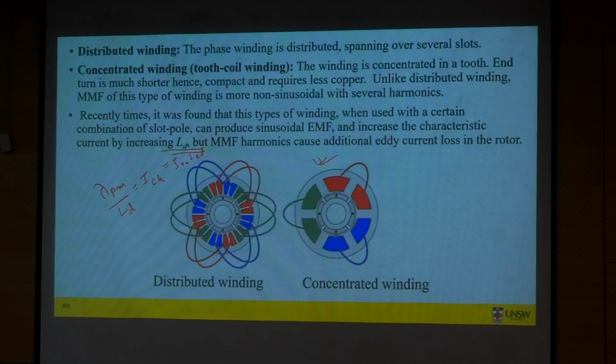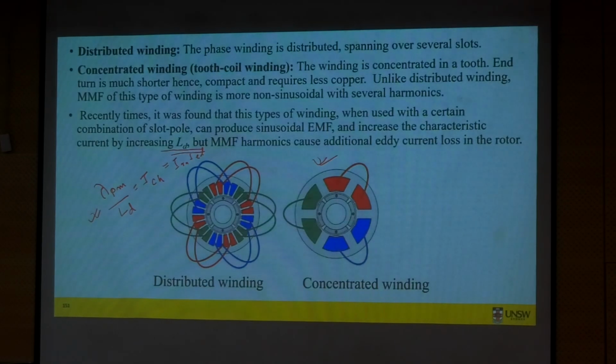Because of that, an SPM machine also could have flux weakening or a wide constant power speed range, only if this condition is satisfied. And that can be achieved only by concentrated winding. So if you want to use SPM and want a wider flux weakening or CPSR, this is an option: going for fractional slot concentrated winding.